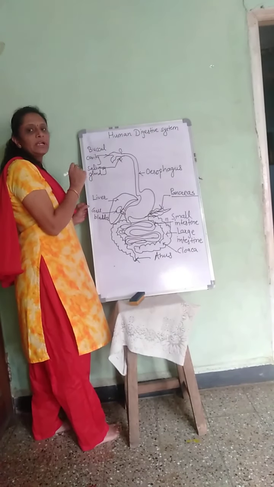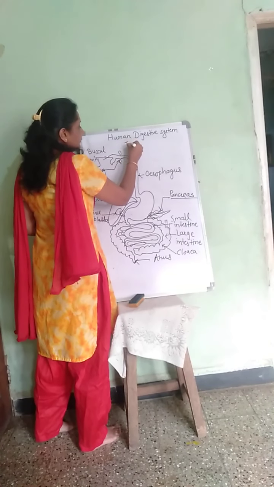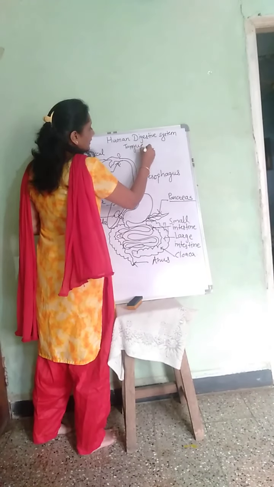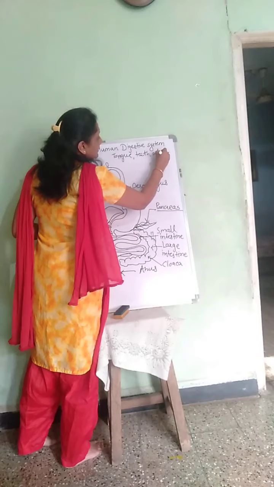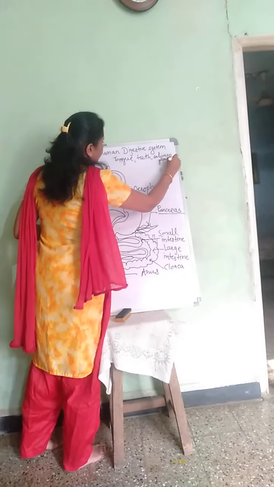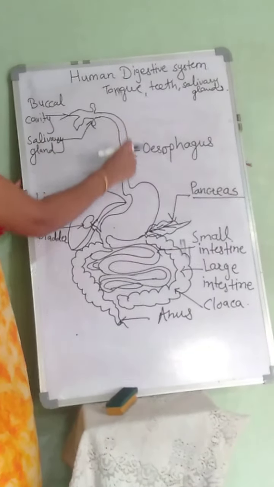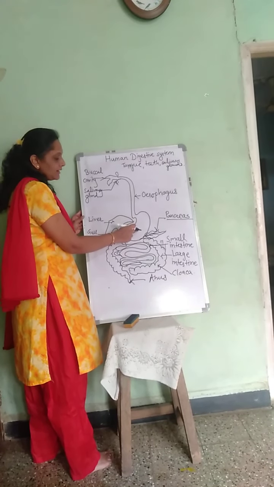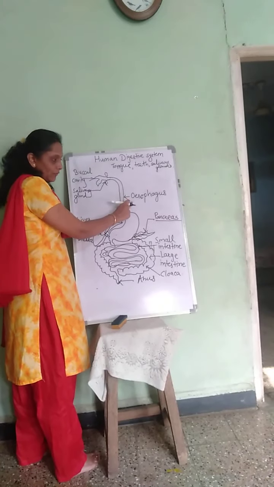In the mouth there are the tongue and teeth, and together with the salivary glands they make the buccal cavity. Then the esophagus, a long tube-like structure, extends down in the abdominal cavity and connects the buccal cavity with the stomach.